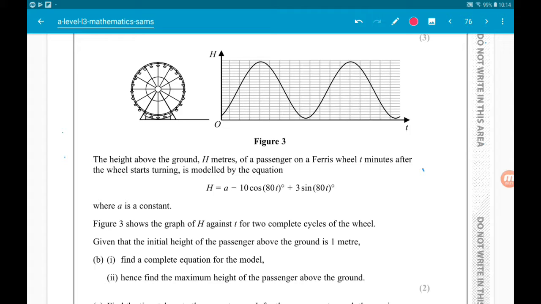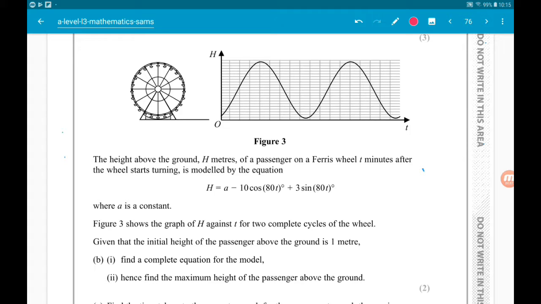Figure 3 shows the graph of h against t for 2 complete cycles of the wheel. Given that the initial height of the passenger above the ground is 1 meter, part B, part 1, find the complete equation for the model.